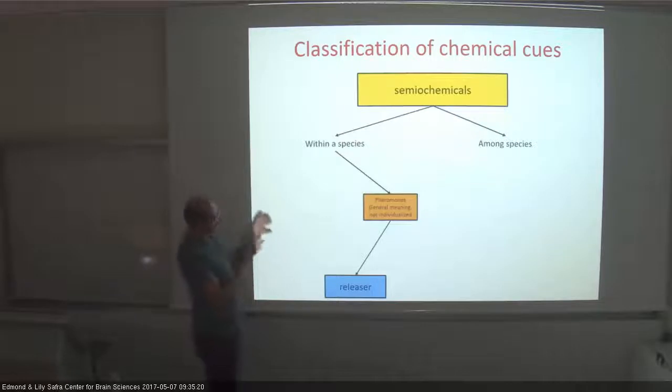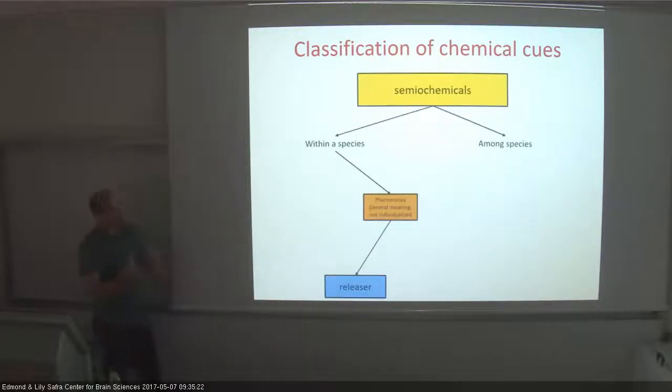And we also classify pheromones into two types. One of them is releaser pheromones. And again, these definitions are most appropriate in insects. Releaser means that it releases some kind of behavior. So the pheromone that we just saw is an example of a releaser pheromone, because the behavior that was released was what?